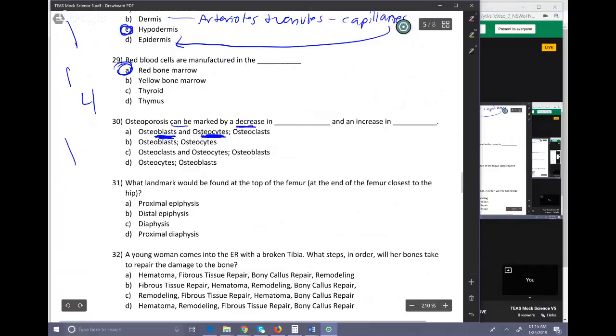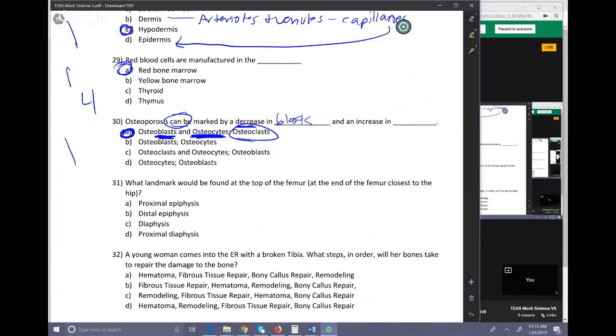So the decrease, you definitely have to have a decrease in blasts. That would cause a decrease in cytes automatically. So if that's available, we want to put it there. The increase in clasts may or may not happen, but again, if it's there, that is a possible scenario that we have with osteoporosis. So the "can be" is because there are different ways that it presents.